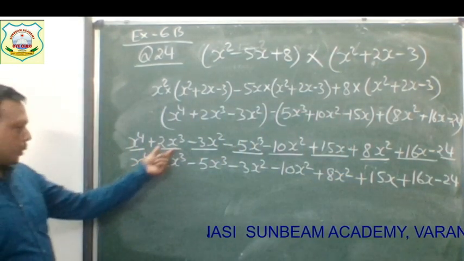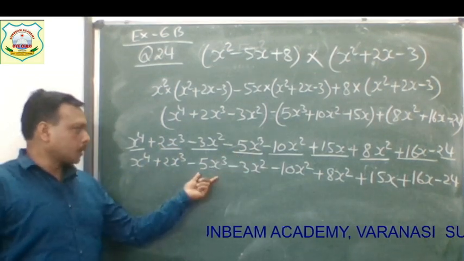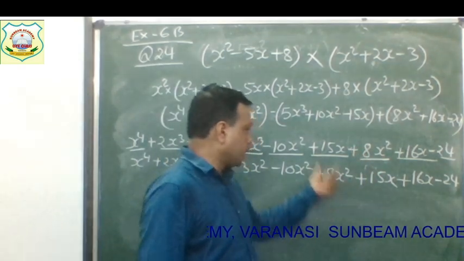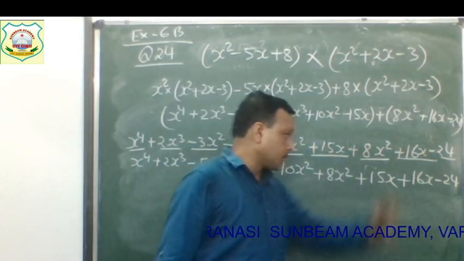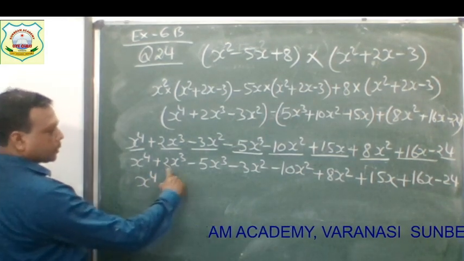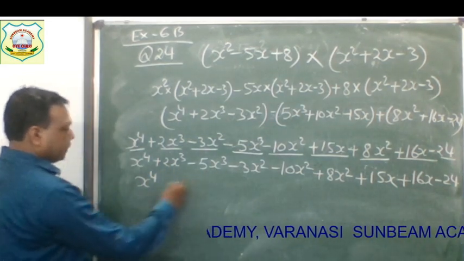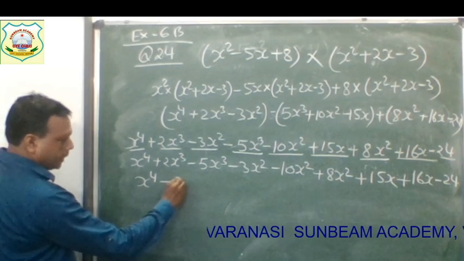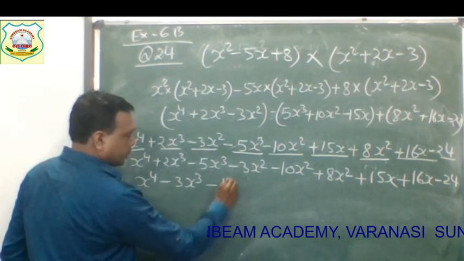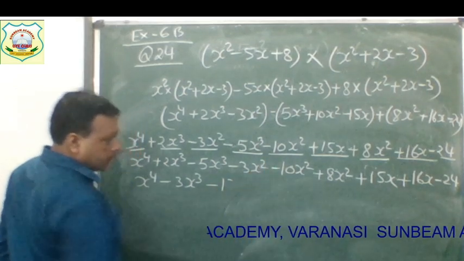x power 4, 2x cube, minus 5x cube, minus 3x square, minus 10x square, plus 8x square, plus 15x, plus 16x and minus 24. x power 4, you will write as the same, 2x cube minus 5x cube. What will come? Minus, the value is greater, so minus 3x cube. Minus 3x square minus 10, minus 13x square. Sorry, 1x square is more here.